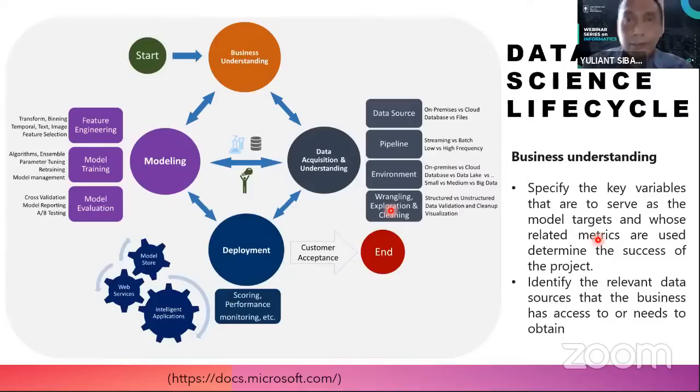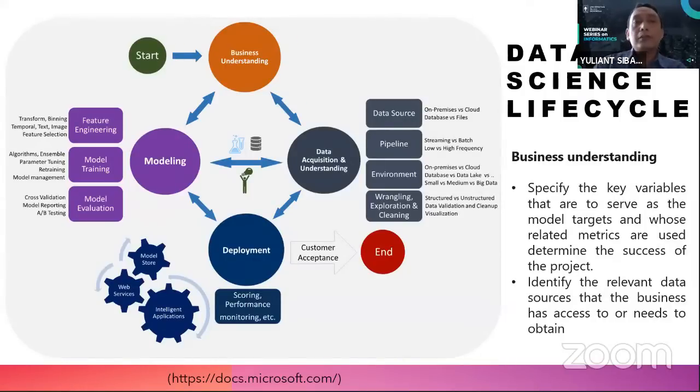And the next is the data science life cycle. To understand how data science is implemented in solving a problem, let's look at the diagram. We can see there are four main processes in this diagram. The first is business understanding.